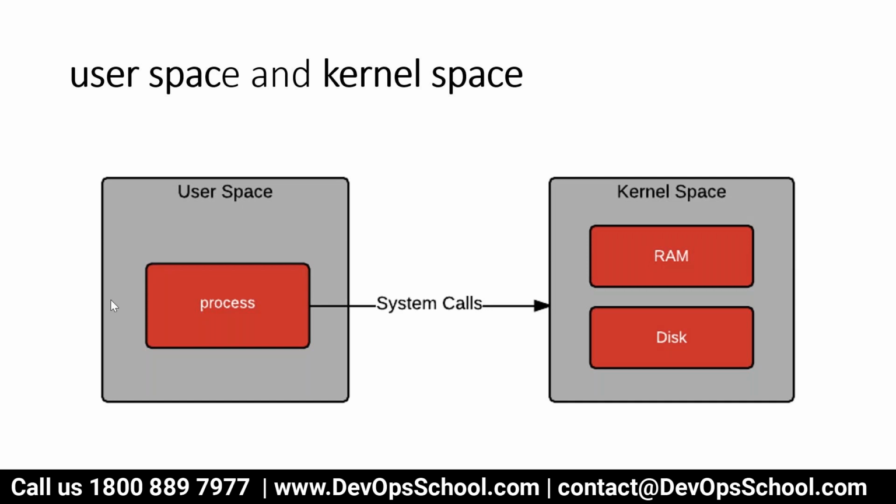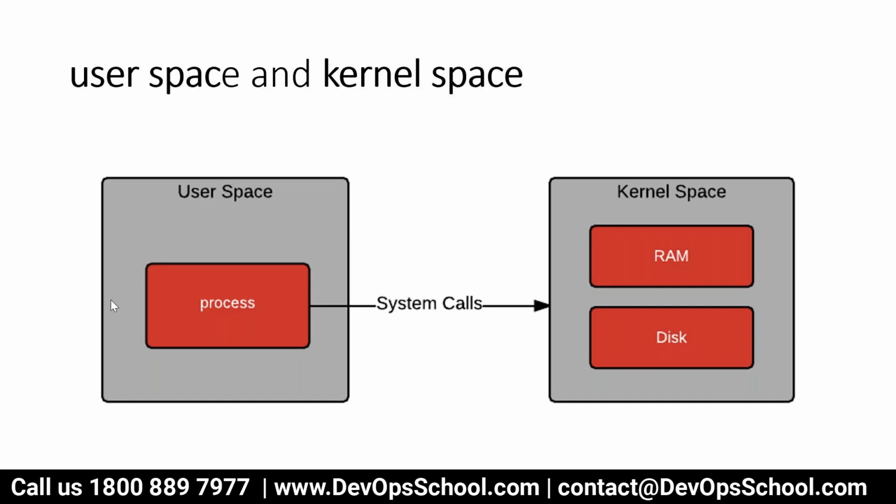You might have seen many processes in Linux, using the command ps or top, and in Windows, the Task Manager shows all the processes you're running. The processes running in user space call the kernel space to get output, because the kernel space manages your input and output devices and more.